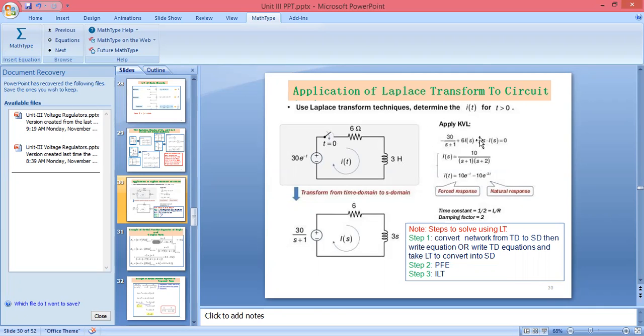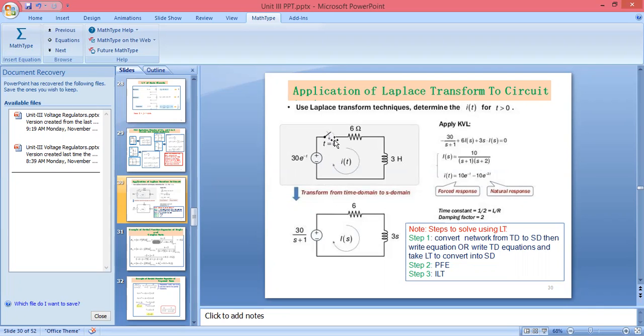So we can solve and we will get here the time domain. We can convert that time domain value into the s domain, or you can write the frequency domain. So we can transform that circuit of the time domain into the frequency domain as 30 upon s plus 1.